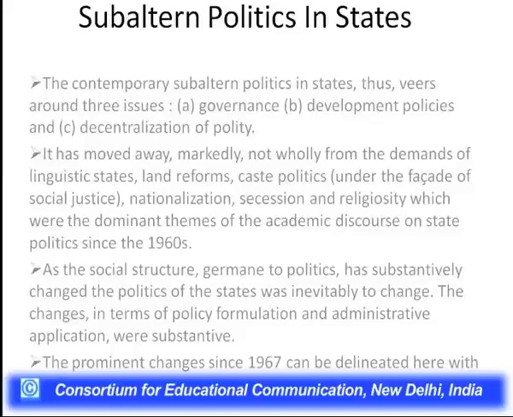Then we find that these changes are reflections of the social movements that have been going on in different states. Now, how are these social movements different from the earlier movements?